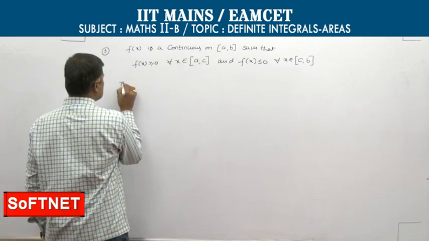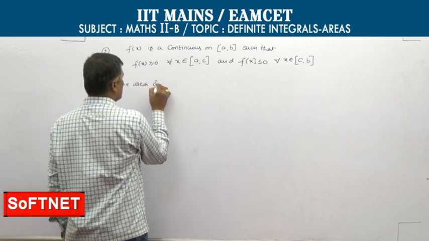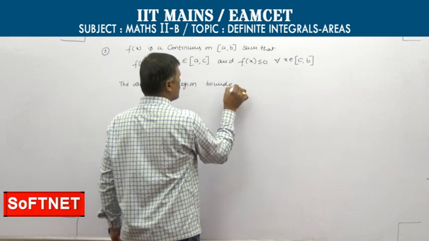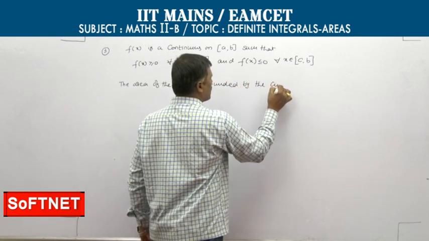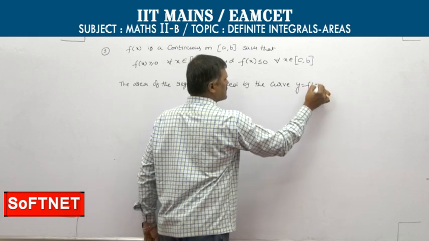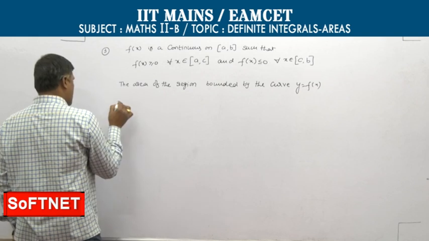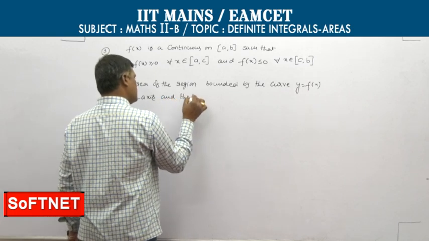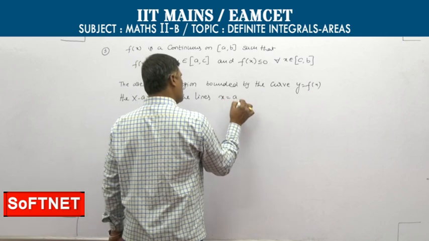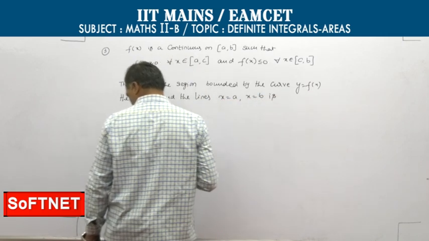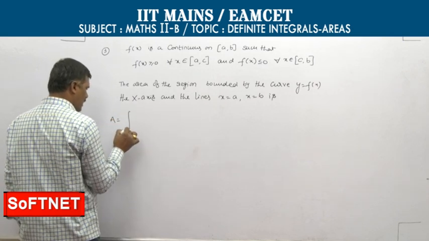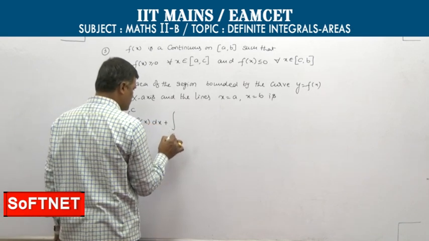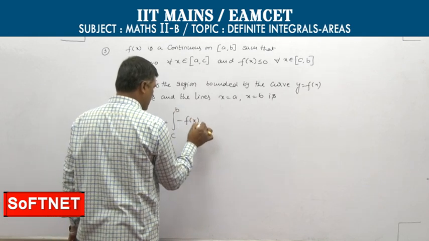Now the area of the region bounded by the curve y is equal to f of x, the x-axis and the lines x is equal to a, x is equal to b is given by A is equal to integral of a to c f of x dx plus integral of c to b minus f of x dx.